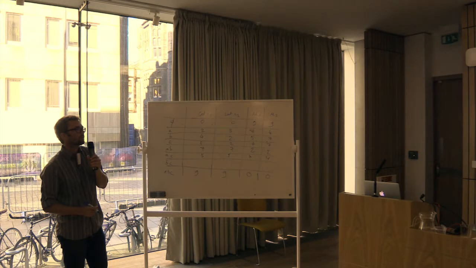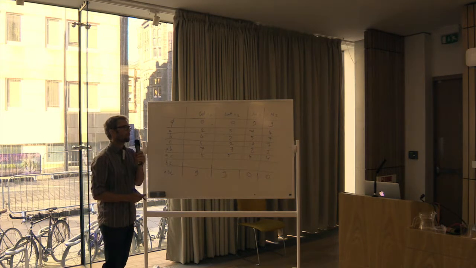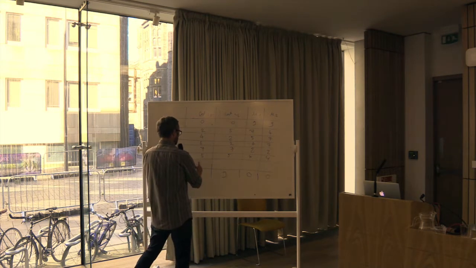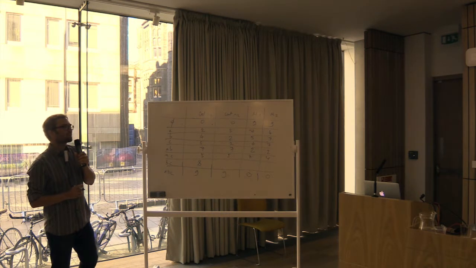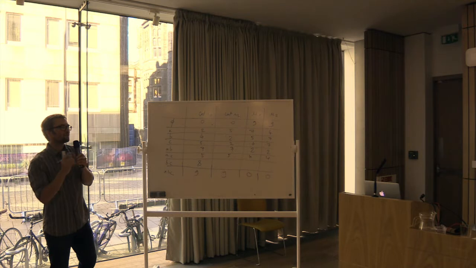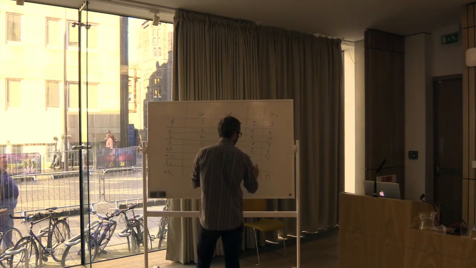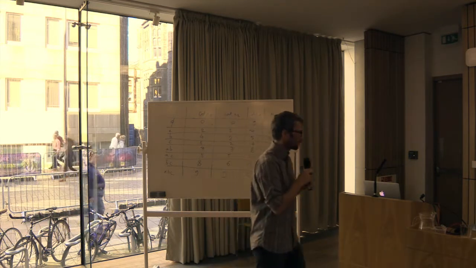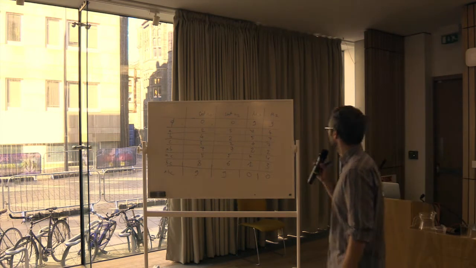Is there a better way? No, I think 8 is the shortest path. You tell me if you find a better way. And BC for robot 2, 6. Okay, I'll just check. Yeah, it looks good.